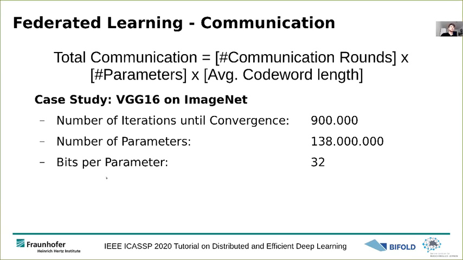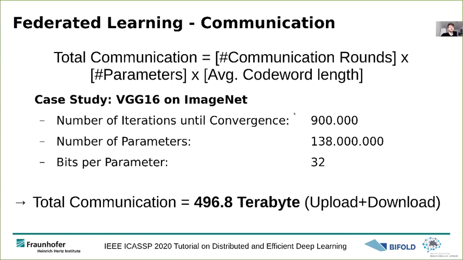And if we use the full 32-bit floating point representation for all the parameters, we need 32 bits to represent every one of these parameters. So if we put this into the equation above, then we get to a total communication of about 500 terabytes of data. And I don't have to tell you that this is completely infeasible from different perspectives, right?